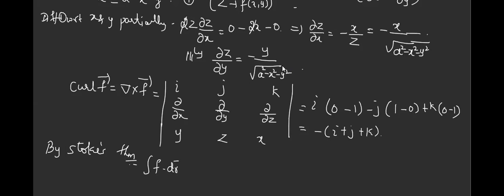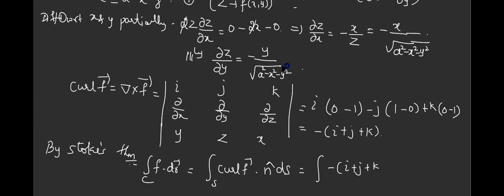integration F dot dr over C is integration curl F dot n cap dS over S, which is equal to integration of minus (i plus j plus k). Now n cap dS should be written like this. Remember this result. This is only used for this example: k minus dou z by dou x i plus dou z by dou y j dx dy.